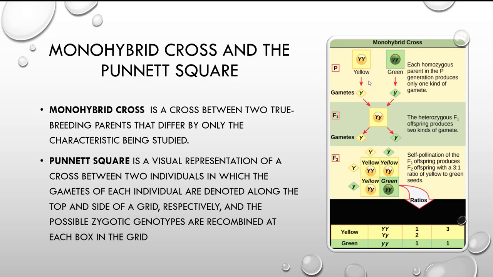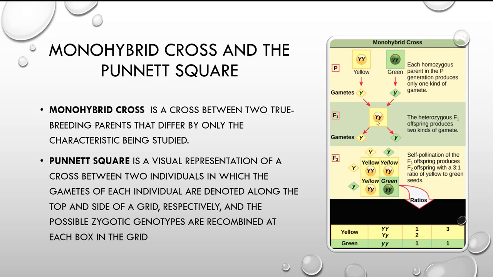But we could do that with our pea plants. So we could take our true breeding variety of yellow seed pea plants and cross it with our true breeding variety of green pea plants. And then we would create a monohybrid.